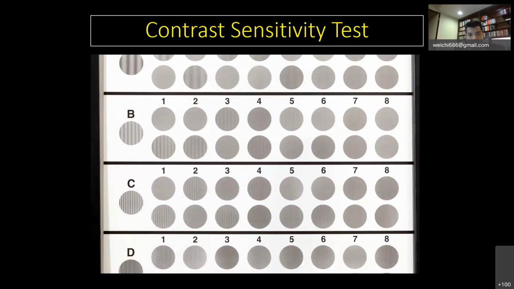Okay, and not only could we measure the patient's visual acuity, which is essential, we could also measure even higher function vision performance of the patient, for example, contrast sensitivity. You could have a patient who has very good visual acuity, but poor contrast sensitivity.